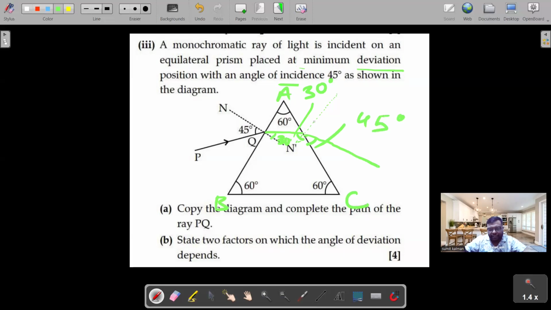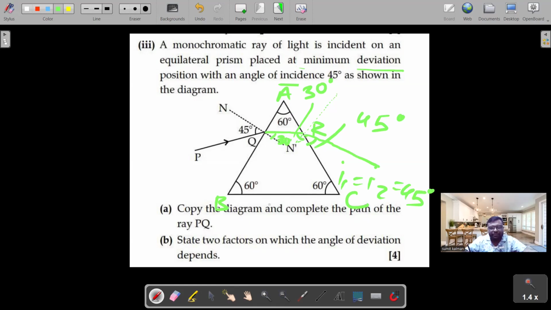And this ray QR here is parallel to BC, because this angle of incidence I1 and angle of emergence I2, they both are equal to 45 degree. They both are equal. That's why this ray QR will be parallel to base BC of the prism.